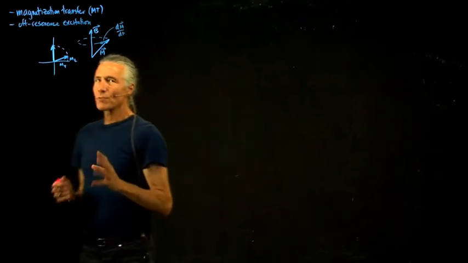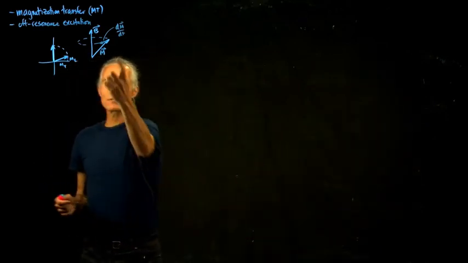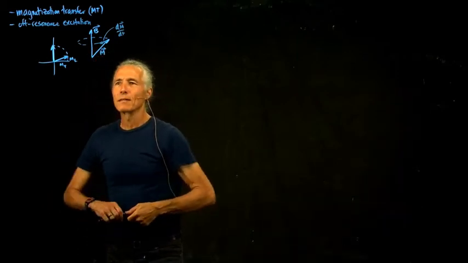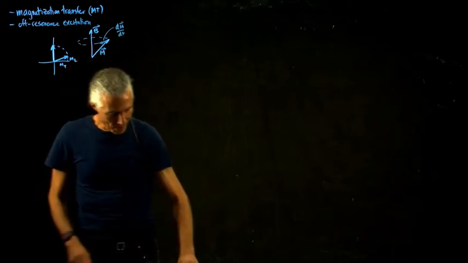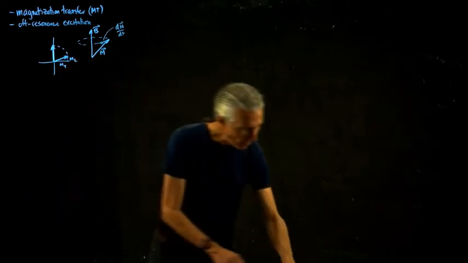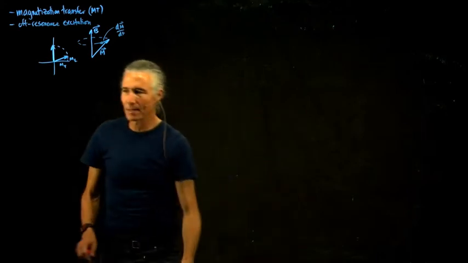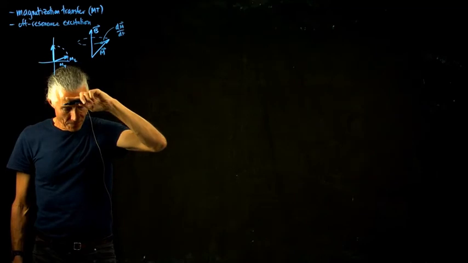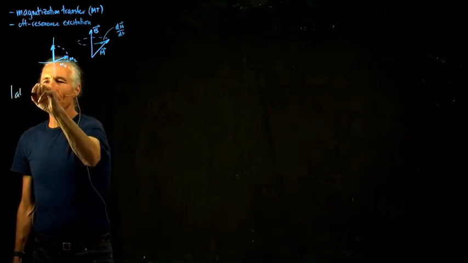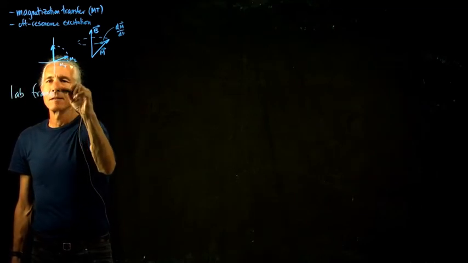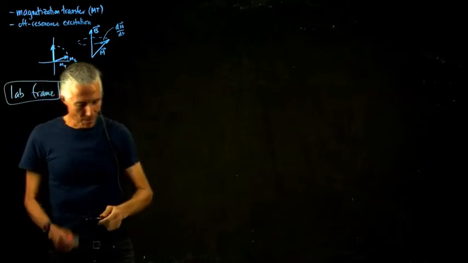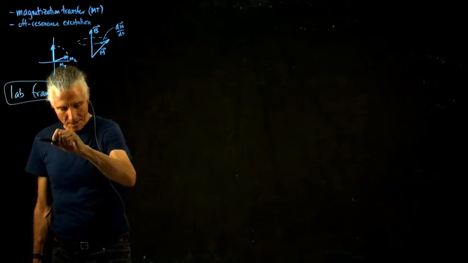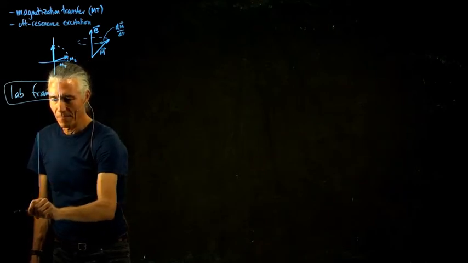So when we go to the rotating frame, that's rotating around at the same speed, what happens? I'll draw that guy again down here. In the lab frame, here's the lab frame.